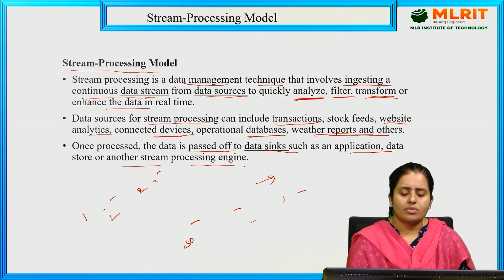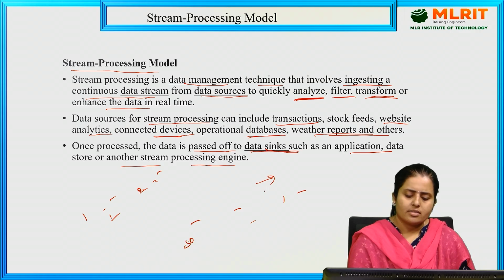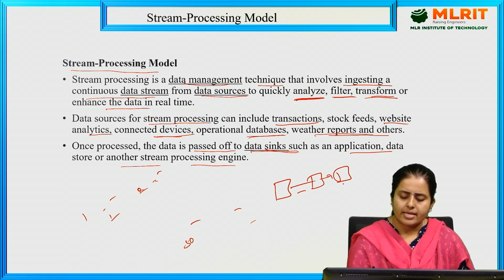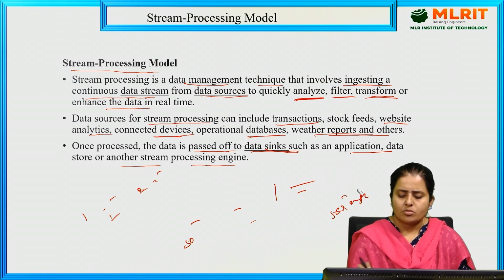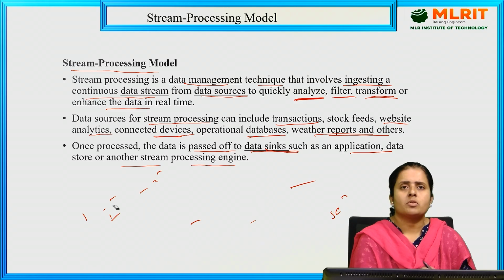As I have told you, once the data is processed after the stream processing engine stage, we can store that output in any data sink. Let us take it may be an application. As a sink we can take an application, any data storage, or any other stream processing engine as an input. So in these three stages the stream processing model works.